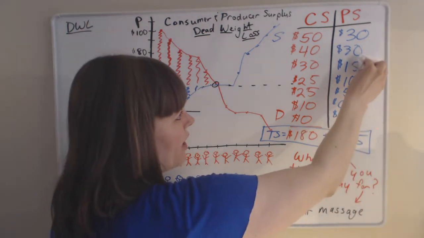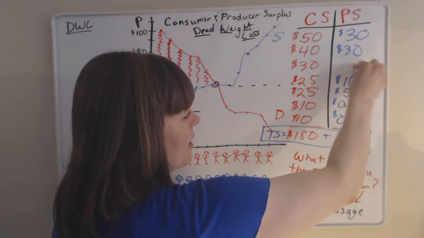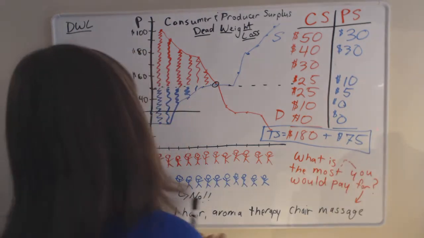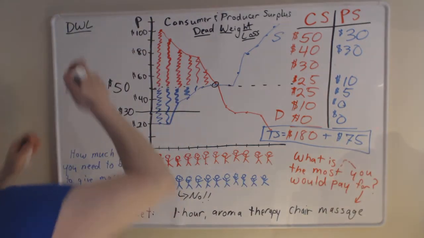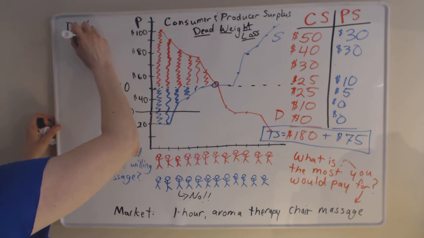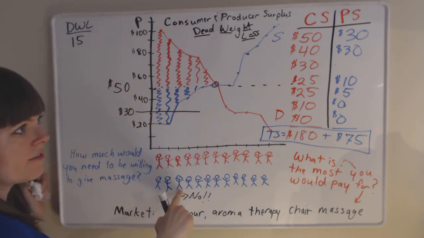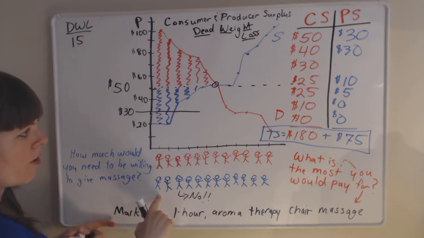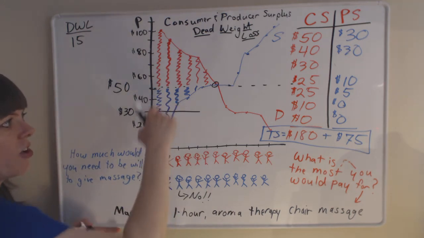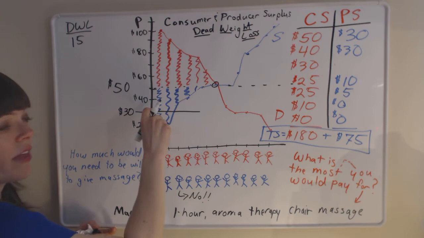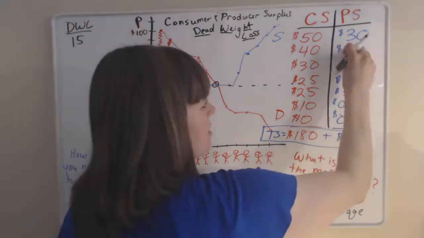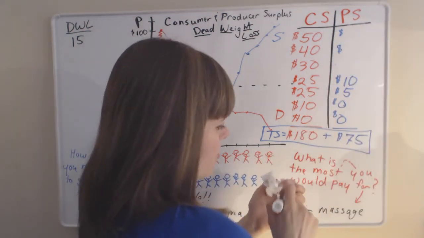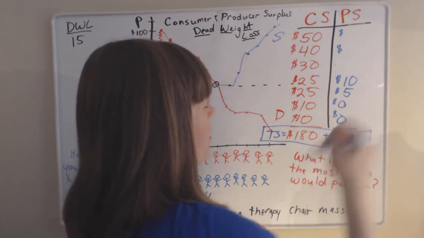So we're going to have to erase that $15 they once got, and we have to add up how much is lost. So this person's $15 worth of disappointment, that goes in there. And actually these first 2 people, previously they got a $30 surplus. Now they only have a $10 surplus. So we have to reduce the surpluses over here to $10.